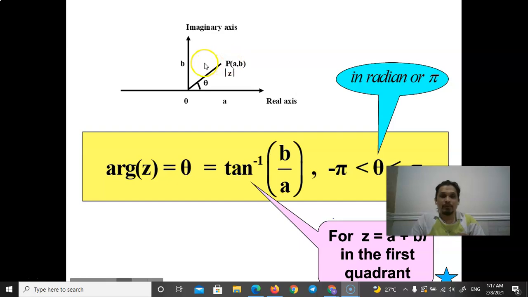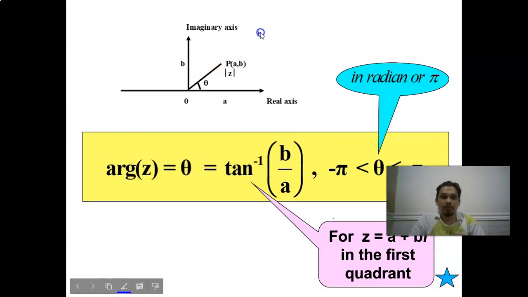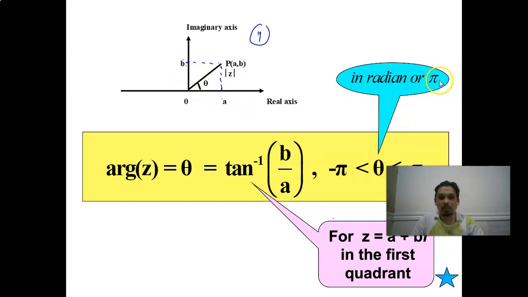On the first quadrant, you can see here the coordinate of P, a, b, this is the coordinate of a and coordinate of b in the first quadrant. So argument of z equal to theta equal to arctangent of b over a, and theta in radian or pi.